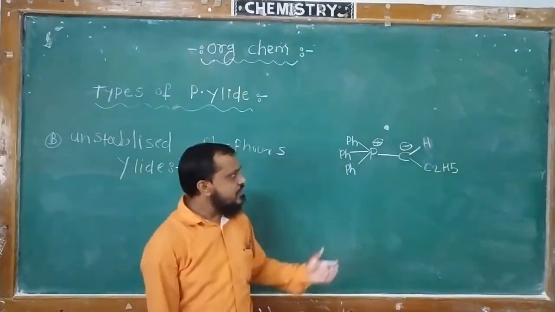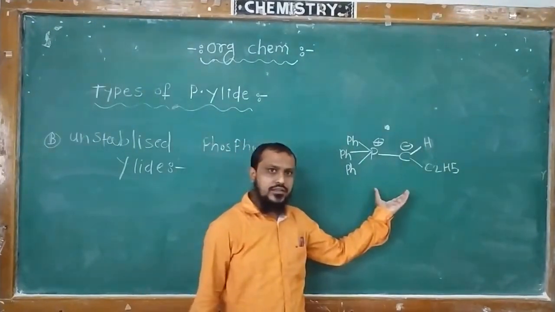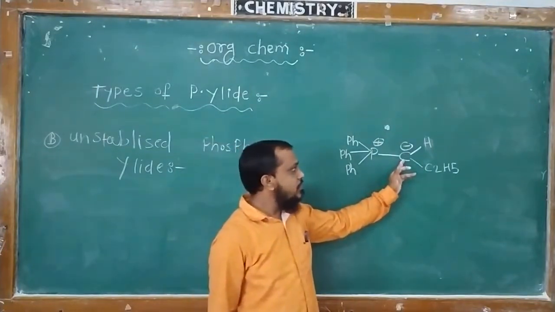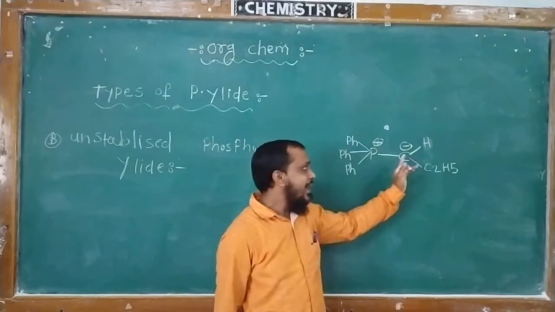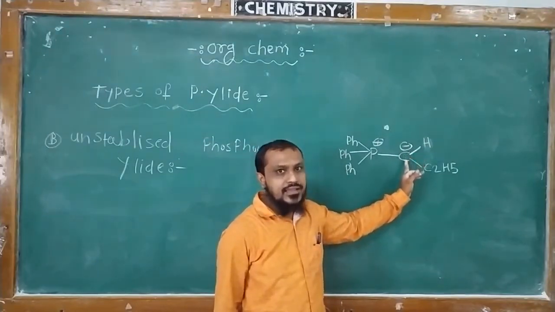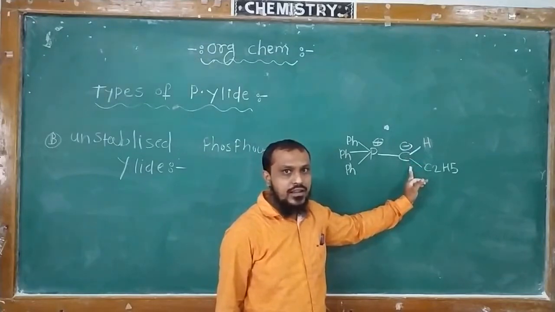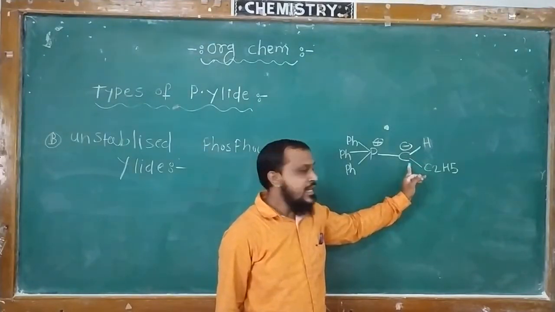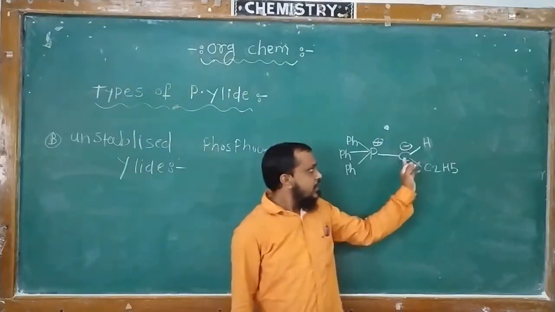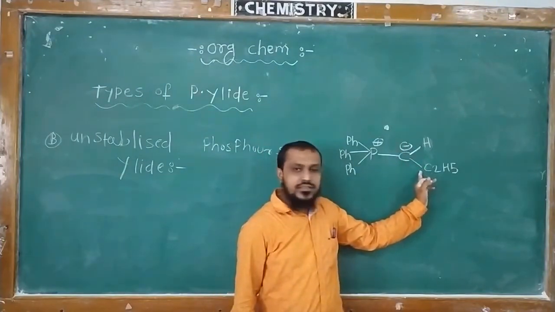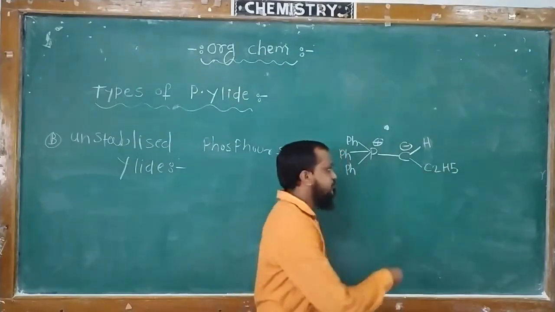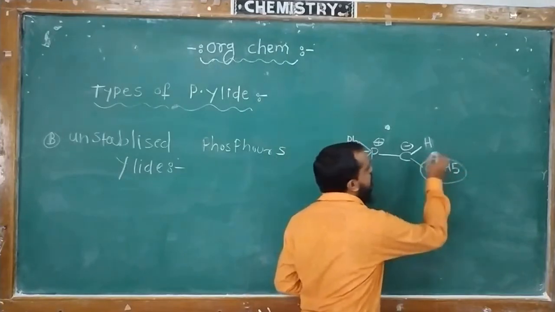When we observe this structure, we can understand that the carbon atom of phosphorus ylide has a negative charge. It means it acts as a nucleophile. It is an electron rich species and directly bonded with the C2H5 group.